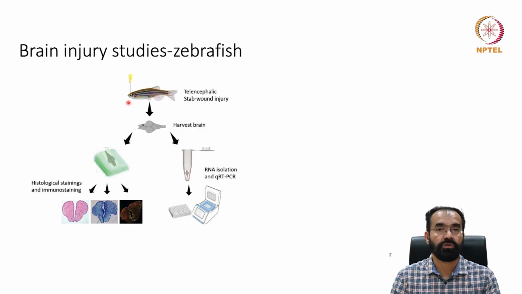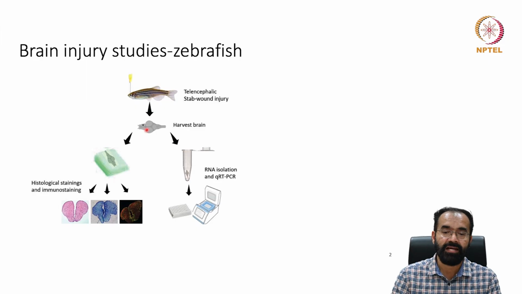You can poke a needle through the nostrils. That is basically the anteriormost part of the brain that gets damaged. You can see here there is a dot in the brain, and that is the place where you damaged it. And you can harvest the brain or you can section the brain, and you can take the images.